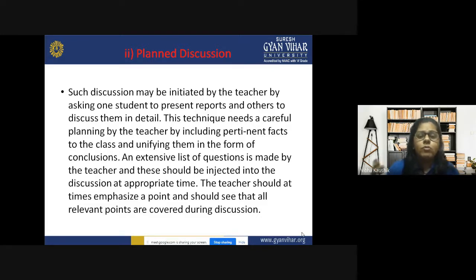Means a lot of questions should be prepared by the teacher and injected into the discussion at the appropriate time. The teacher should at times emphasize a point and should see that all relevant points are covered during the discussion or not. Means it's the duty of the teacher to see that all the relevant points should be covered during the discussion.